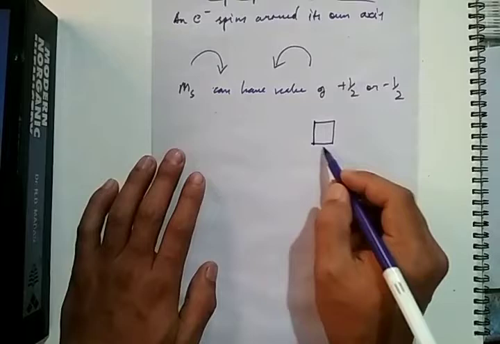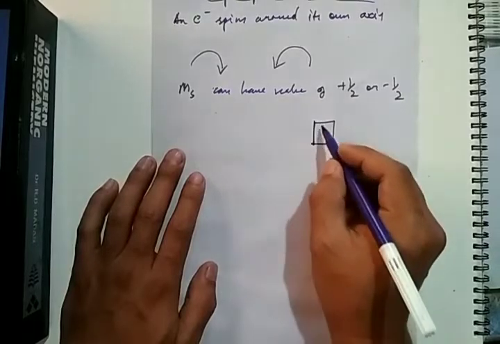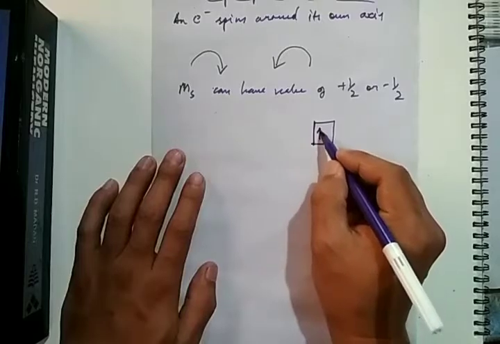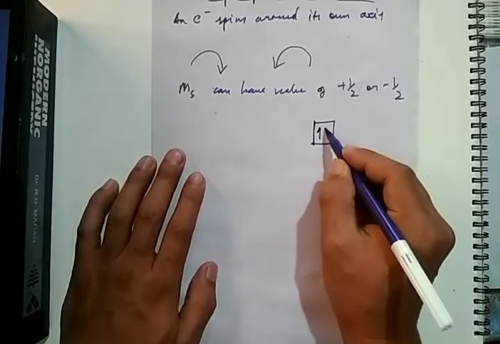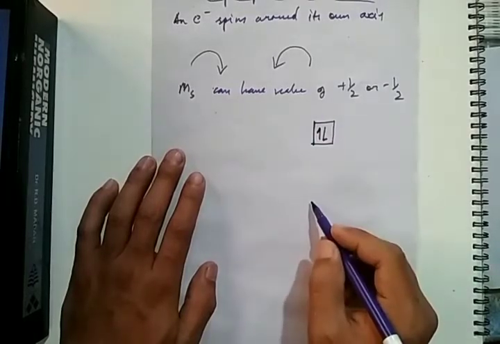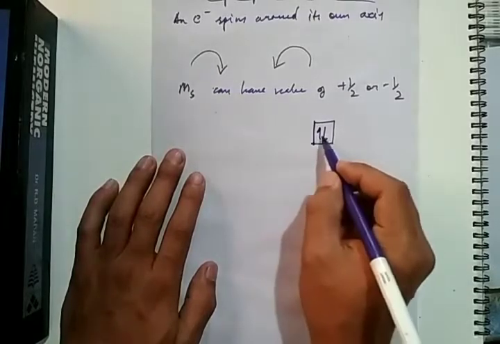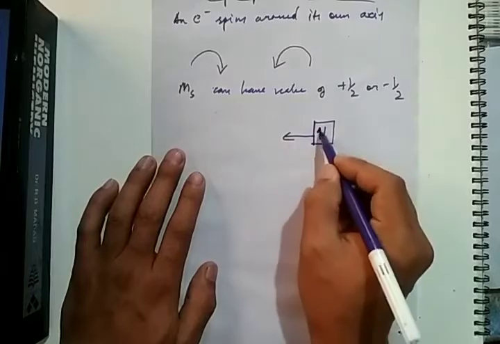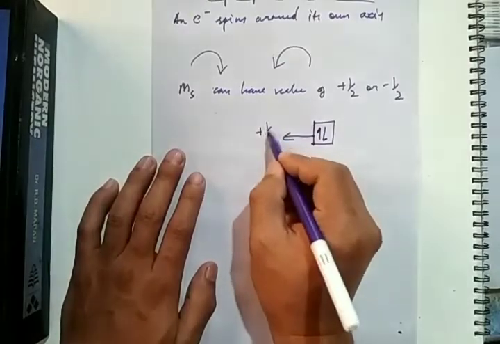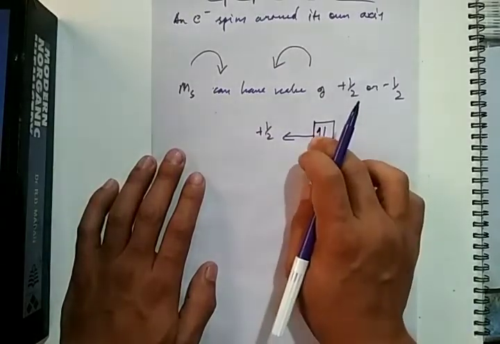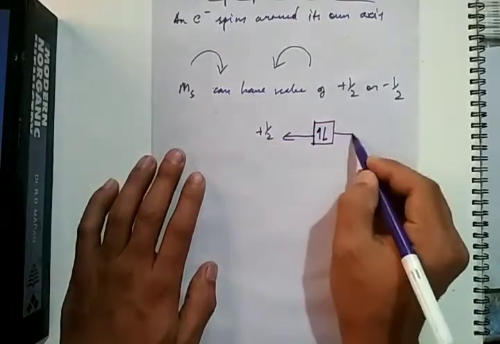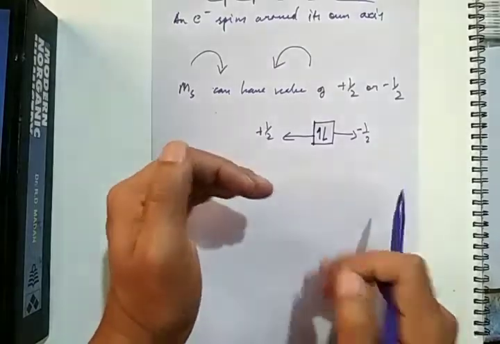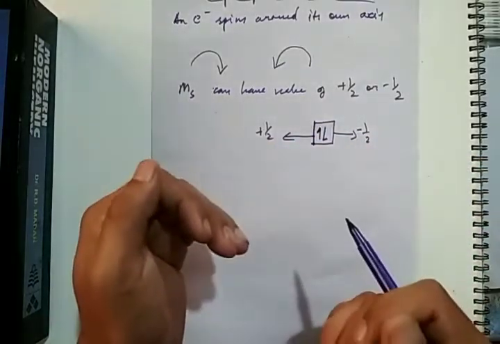So this orbital is represented by a box and the electrons are filled in that orbital like this. One arrow pointing upward and the other pointing downward. So either can have positive or negative. Suppose this arrow pointing upward is positive and this one negative. So they are opposite, positive and negative.